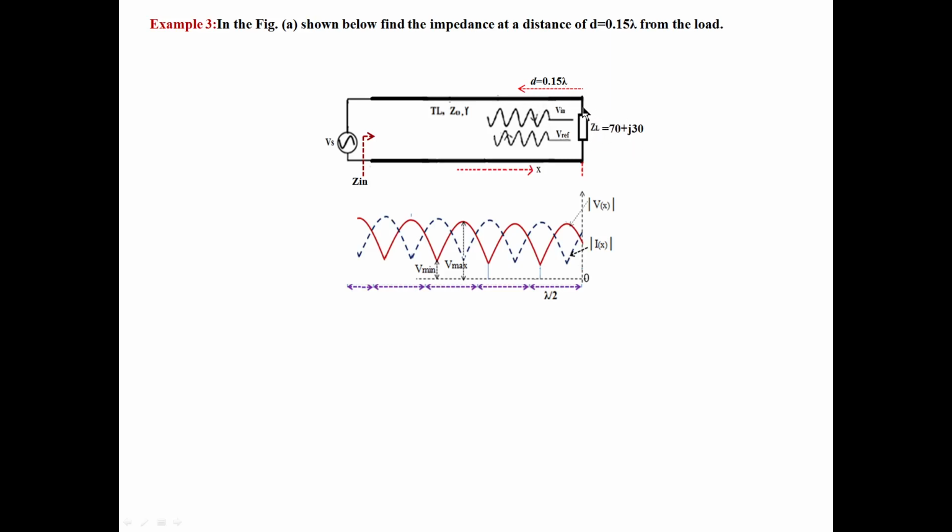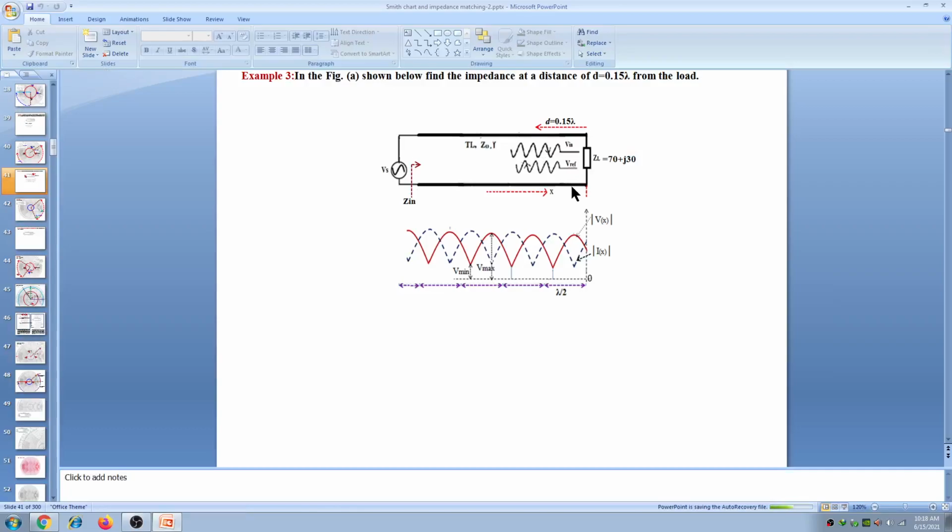From the load, you travel a distance of 0.15 lambda towards the generator, stop there, and find out the impedance.